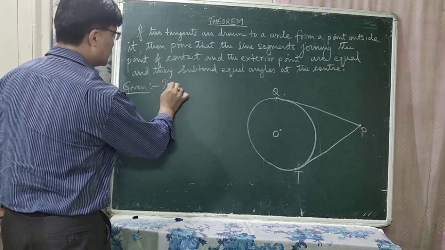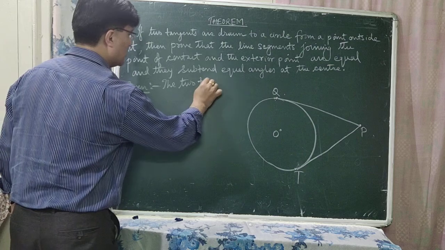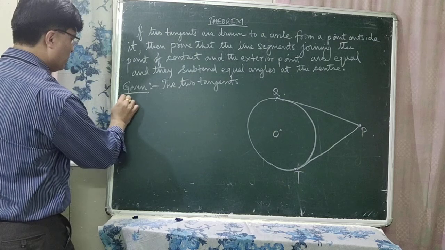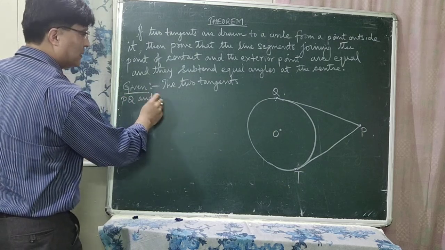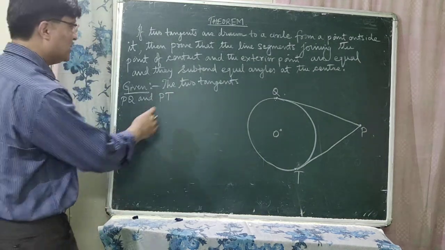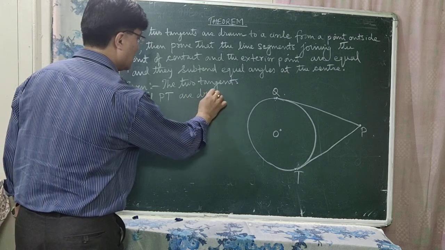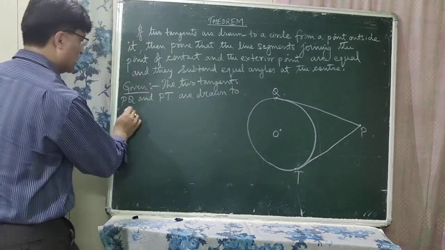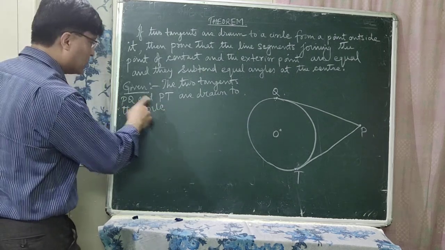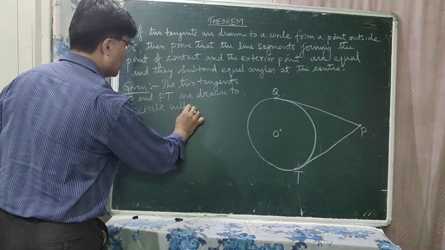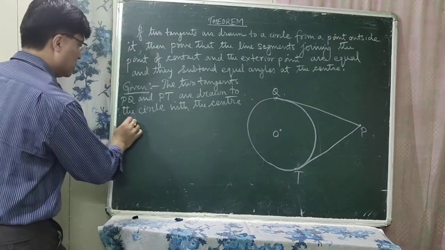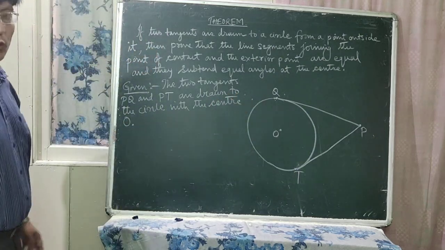The two tangents PQ and PT are drawn to the circle with the center O, right?